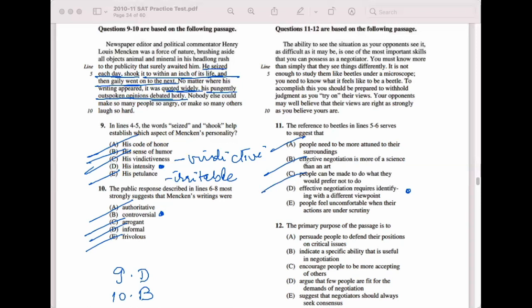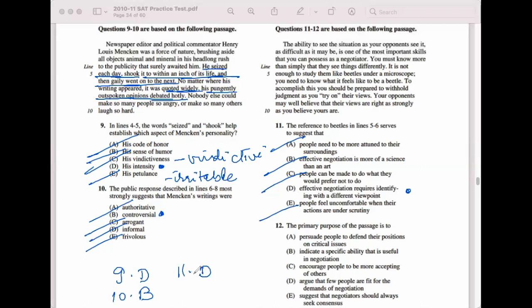And option E, people feel uncomfortable when their actions are under scrutiny. Again, this is not about people's feelings. It's about what you need to do if you want to be a good negotiator. So option D, which is saying that you need to identify with a different viewpoint, as brought about in the passage through the beetle example, what it feels like to be a beetle. So that seems to be a good option. So for 11, I'll go with D.